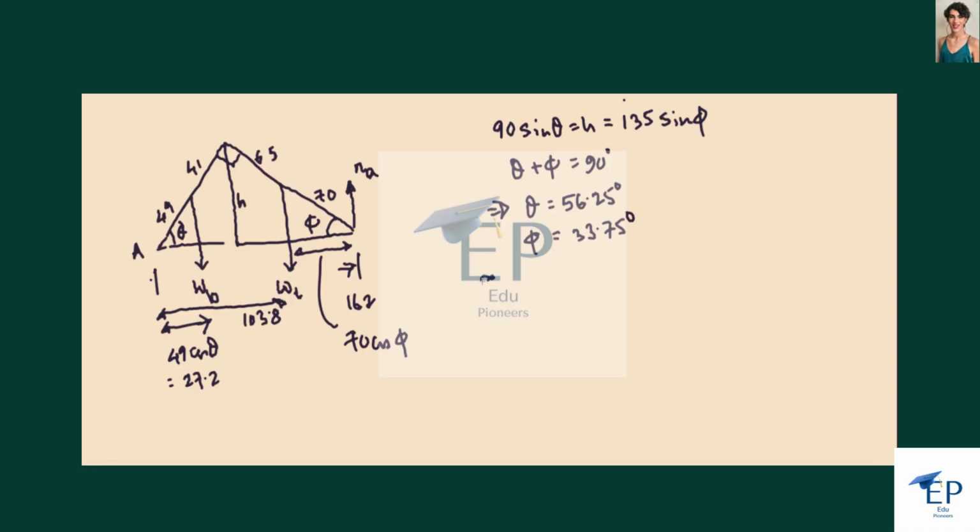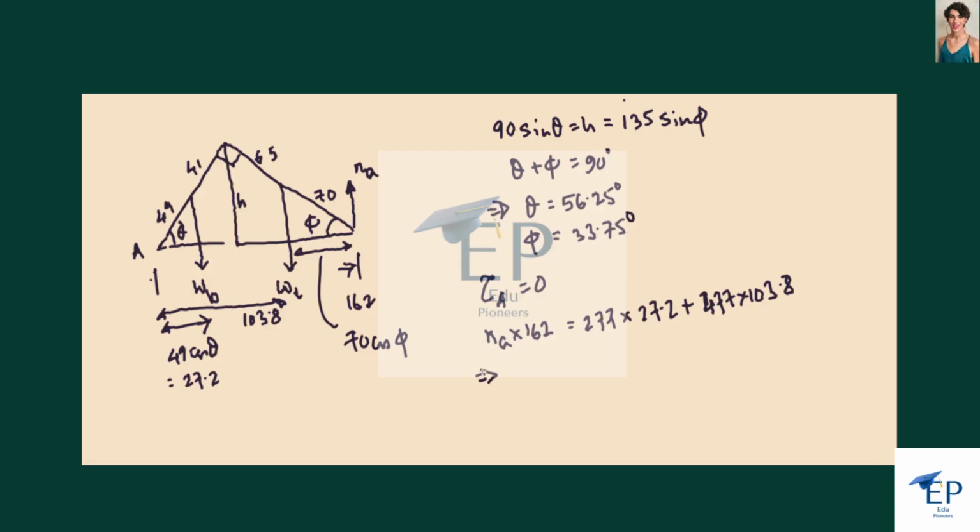So torque about point A equals 0. And what you end up having is N_A times 162 equals 277 times 27.2 plus 477 times 103.8.